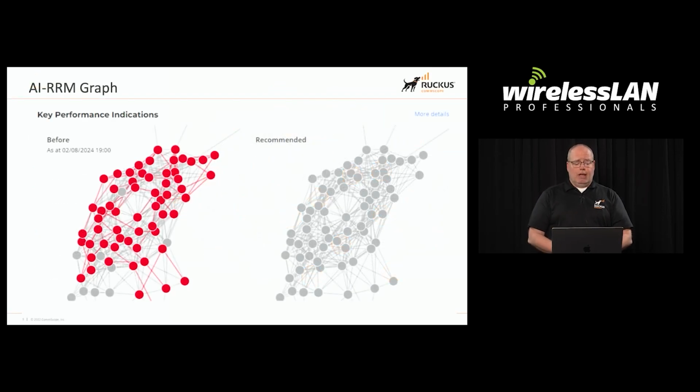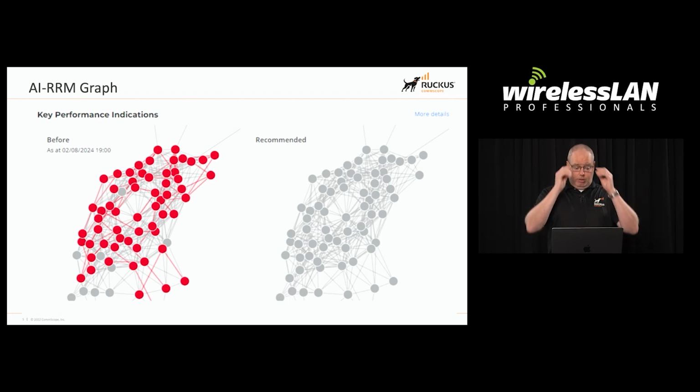This one is what you'll see in our interface. On the left-hand side, you'll see these red APs and the red links. This is where the AI says, these are interfering. This is what I'm seeing today. As soon as you spin the network up, within a day you'll start to get these recommendations.